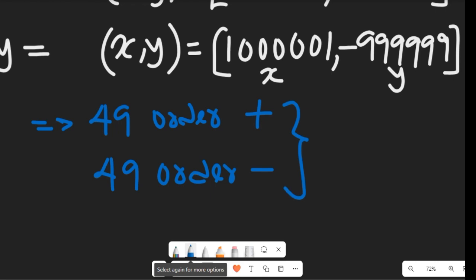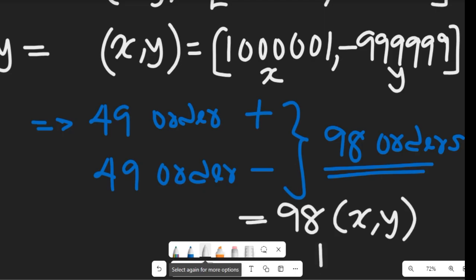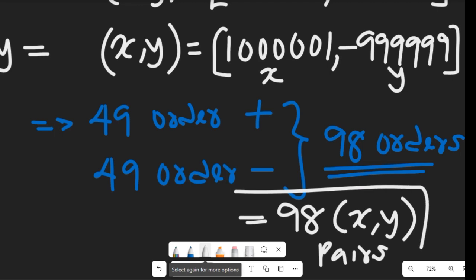When you add these two, 49 plus 49 gives me 98 ordered pairs. That is the number of paired solutions, 98 ordered x, y pairs I can have from the expression given up there.